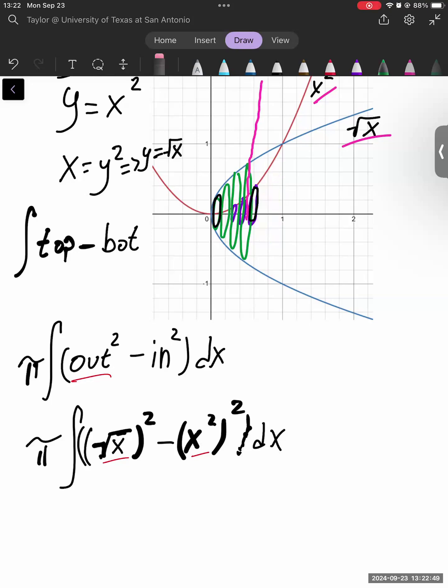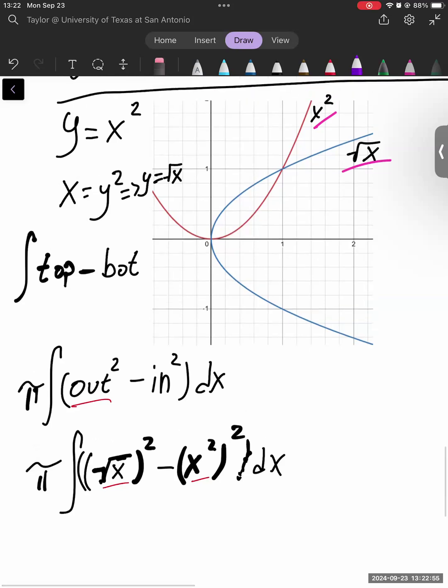Okay, watch. I'm going to clean this up a little bit. You remember from area between curves, if this wasn't a volume question, we would just draw a vertical line, and I would say that square root of x is my top function, and x squared is my bottom function. In this case, it's exactly the same approach.